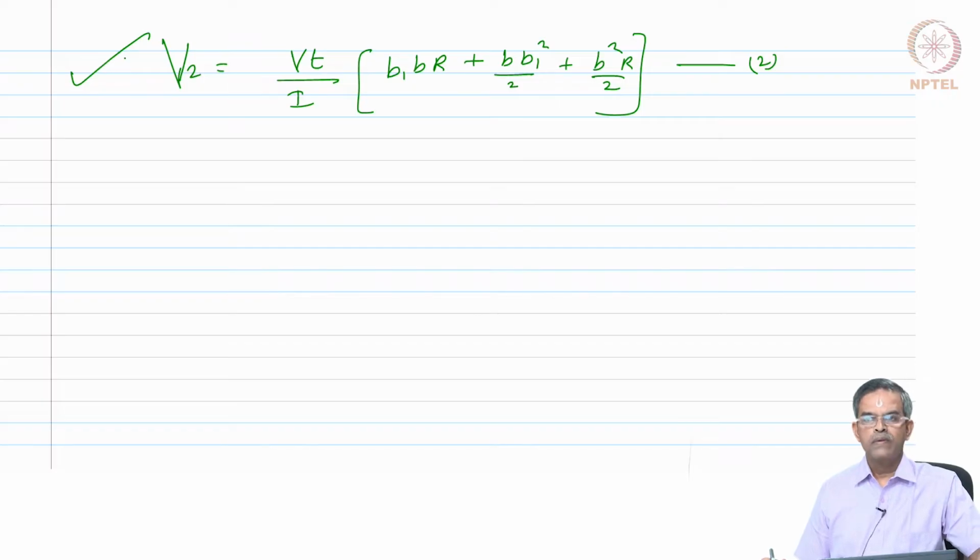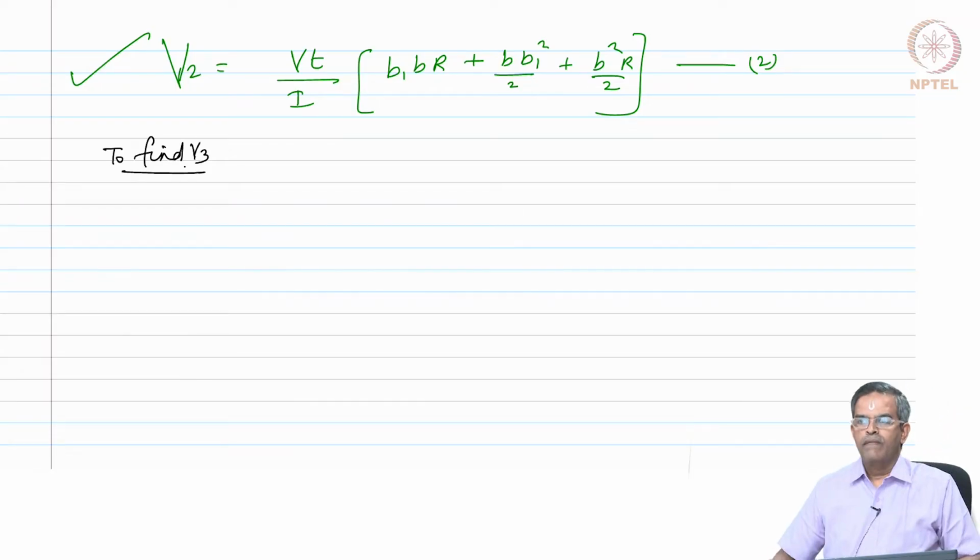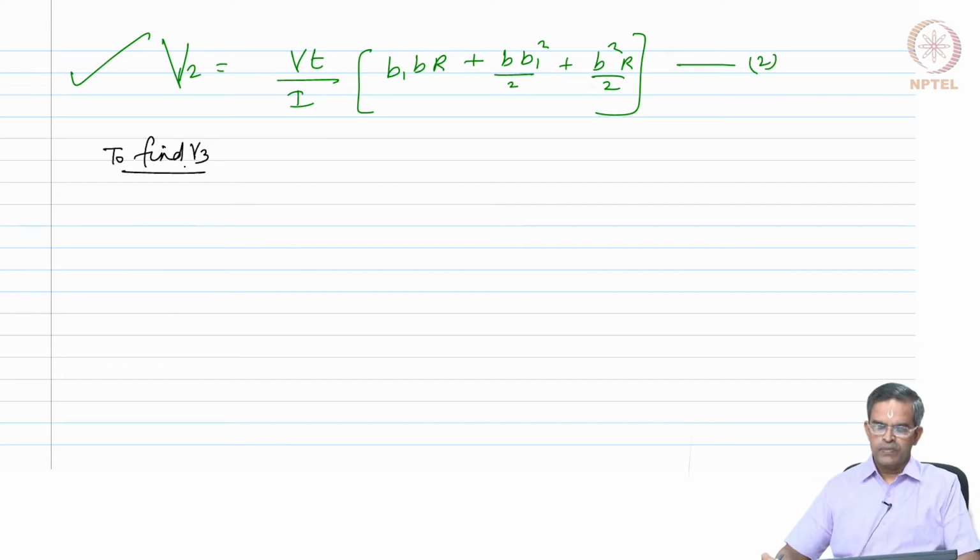Now, I want to find for the semicircular portion V3. We already know this equation. Let us draw this figure.